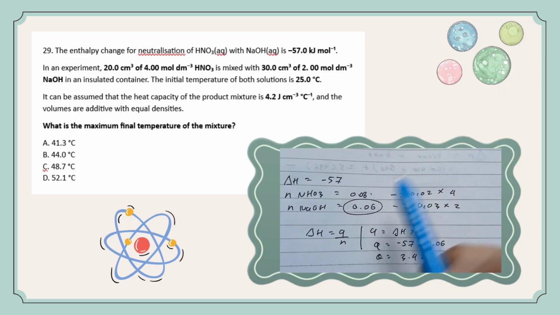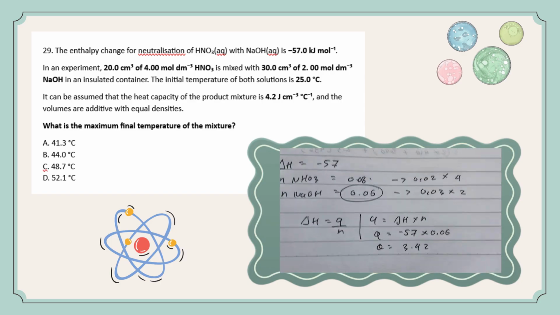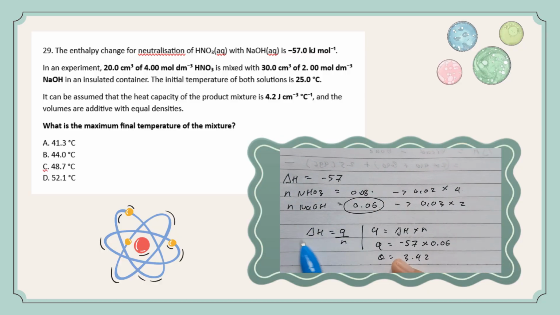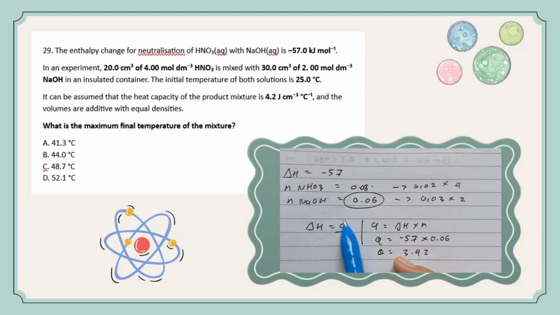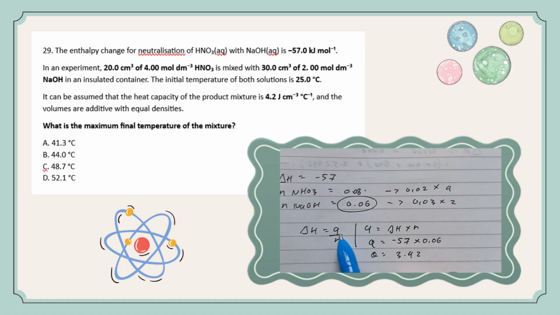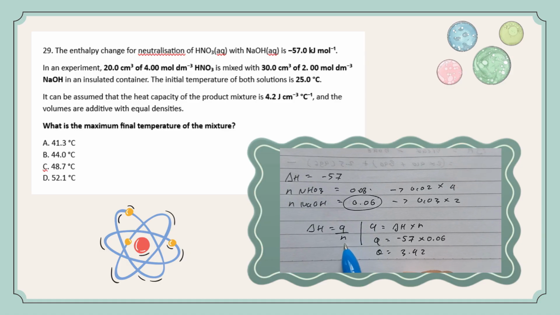But we use the smallest one, 0.06. So we have the equation: enthalpy change equals heat divided by moles.